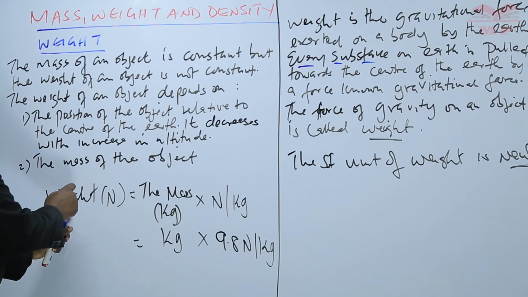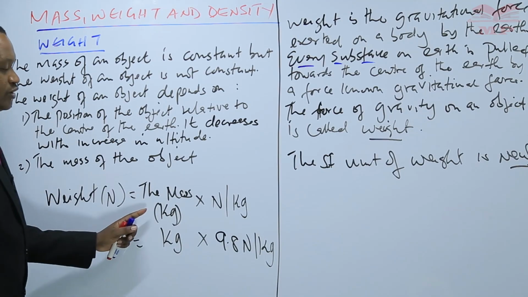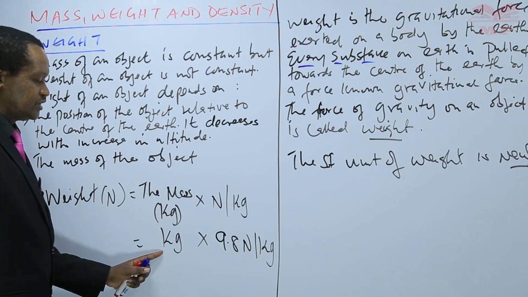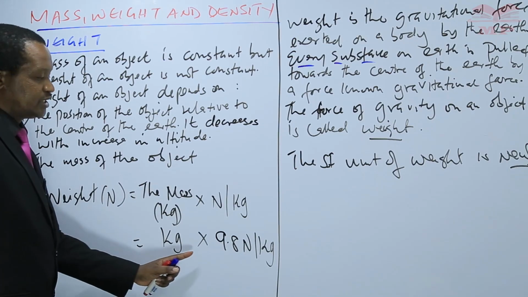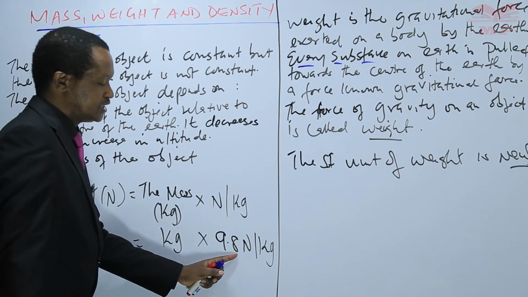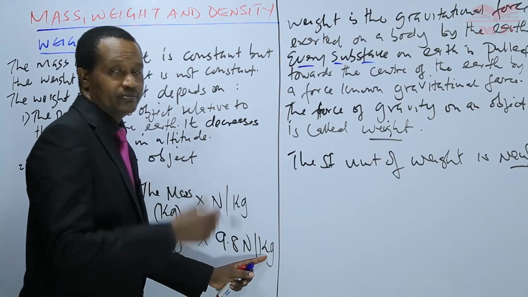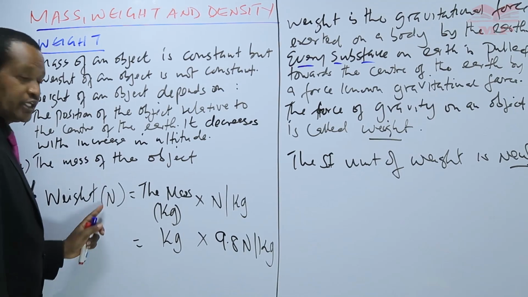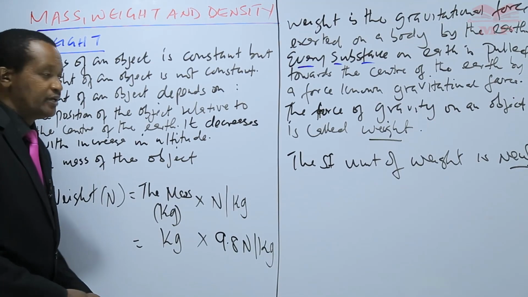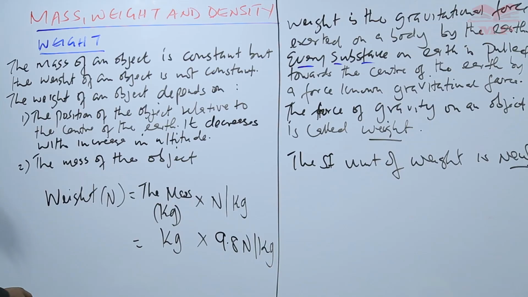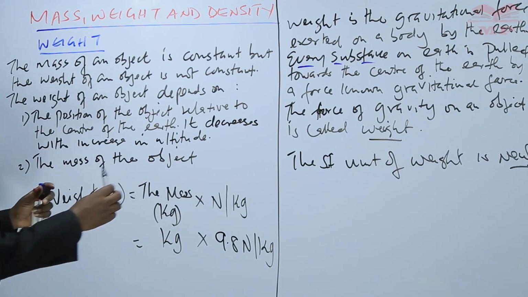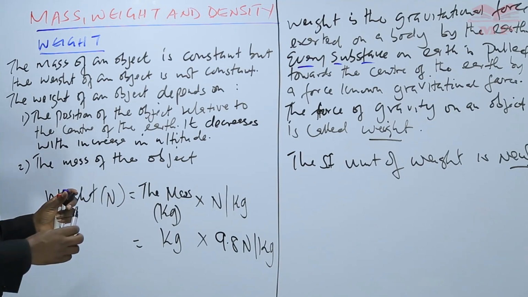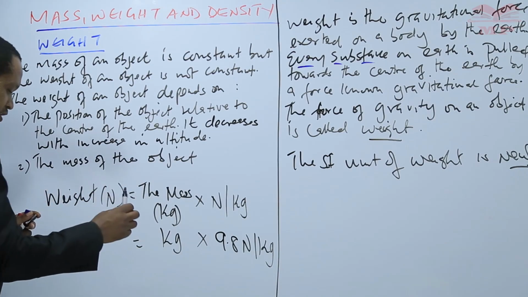So if you want to calculate the weight of an object on the Earth, you take the mass of that object in kilograms and multiply by 9.8 newtons per kilogram. That will give you the weight. So weight here is a function of mass. Learners, that is the relationship between weight and mass.